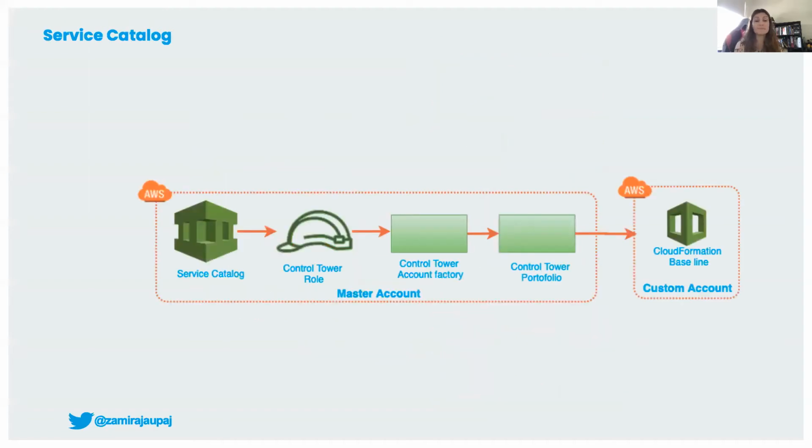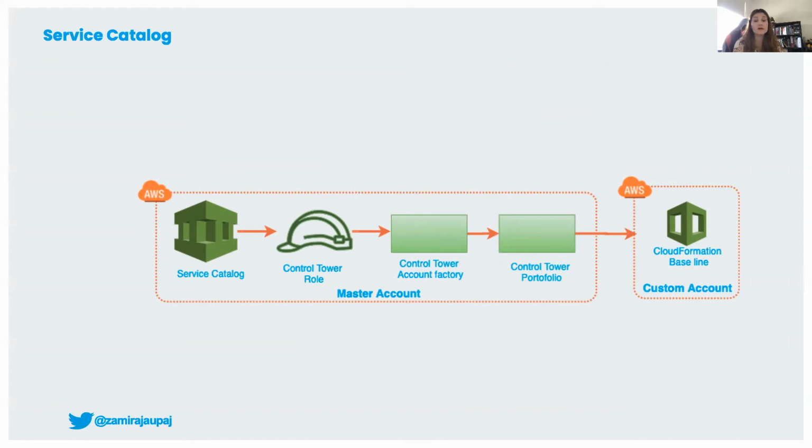Another service that is part of Control Tower is Service Catalog, which allows you to provision portfolios and add products based on requirements and a specific budget. Control Tower creates its own portfolio with an already associated product called AWS Control Tower Account Factory.